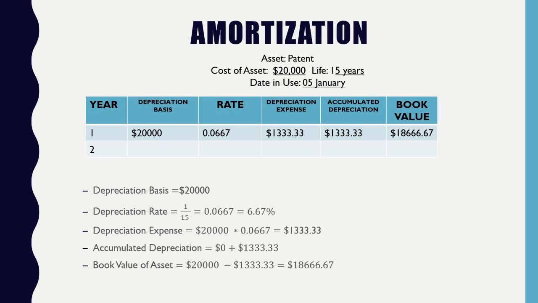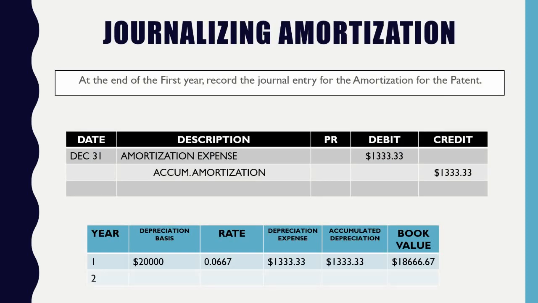All right, so let's go ahead and journalize this. It's identical to depreciation expense, except we don't call it depreciation anymore. We call it amortization. Same thing: accumulated amortization. Everything looks identical except the terminology is a little different.